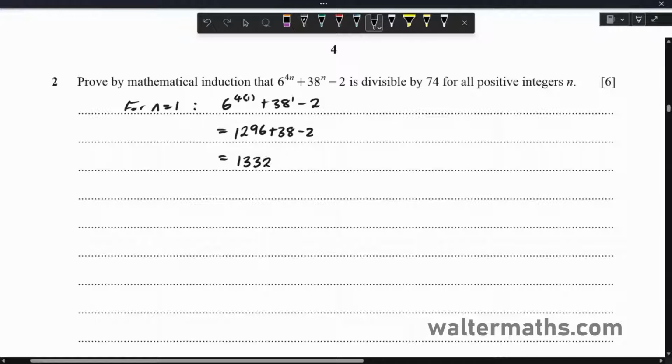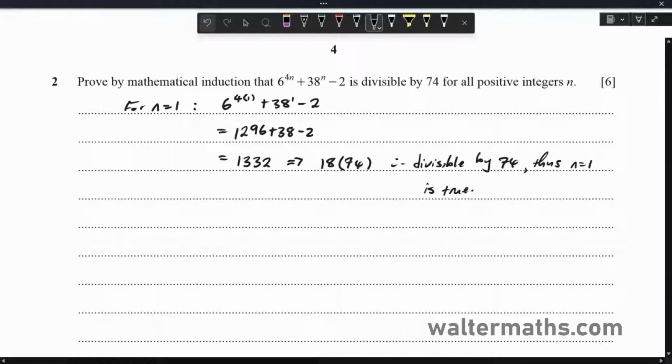1332 here. Alright, so this thing that we got is actually divisible by 74. Okay, 74 goes in 18 times, so it's like 18 of 74. Therefore, it's divisible by 74, and thus n equals 1 is true.